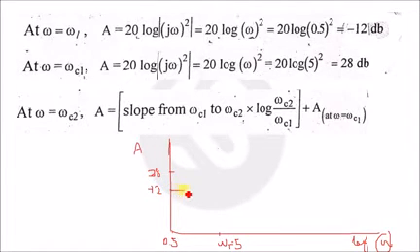If you try to draw a right angle triangle, this is nothing but my P, this is B, and this is my H. So this much you know. What is the gain value for omega c2, the second corner frequency? It is somewhere here. I am assuming it is somewhere here.